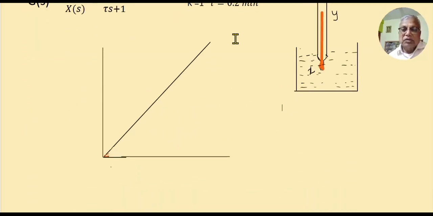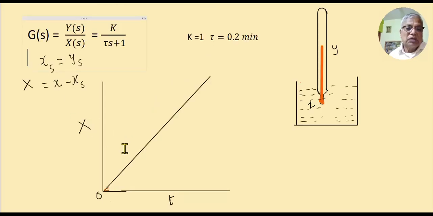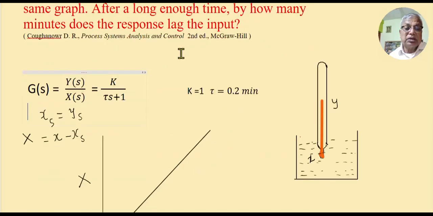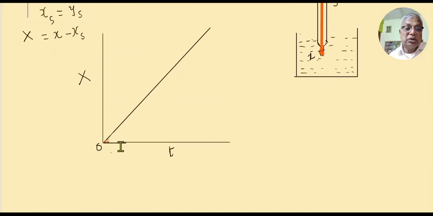If small x is the surrounding temperature, and small y is the indicated temperature of the thermometer as per usual notation, now if you plot in terms of the deviation variable capital X, this input which is varying linearly at a rate of 1 degree per minute is going to be a straight line.